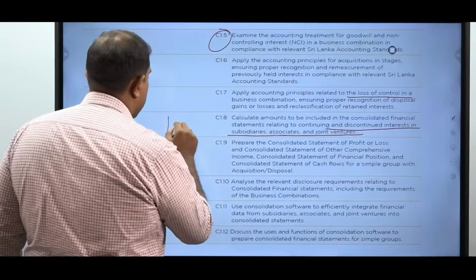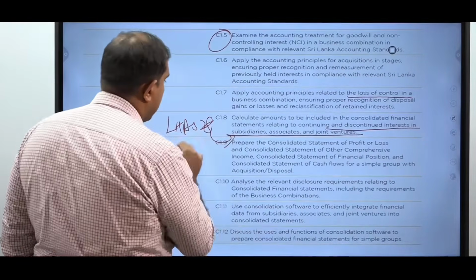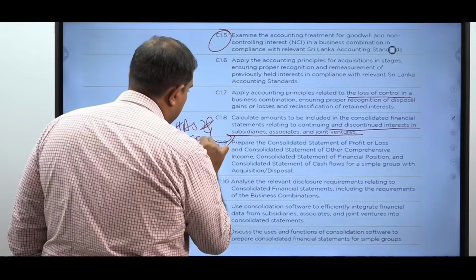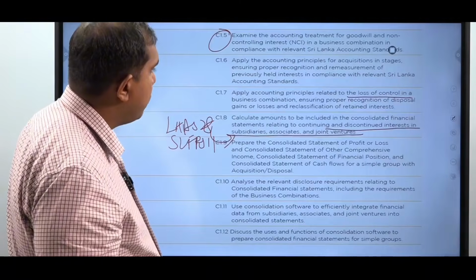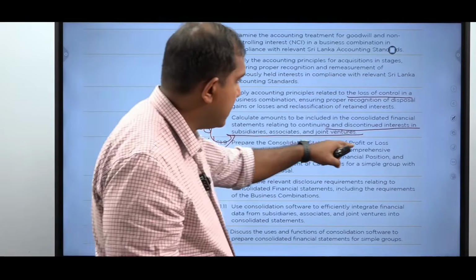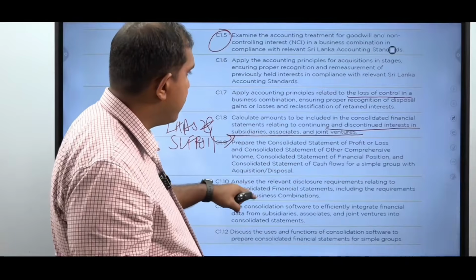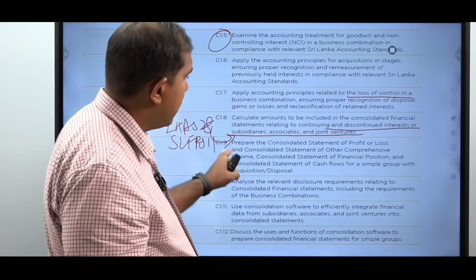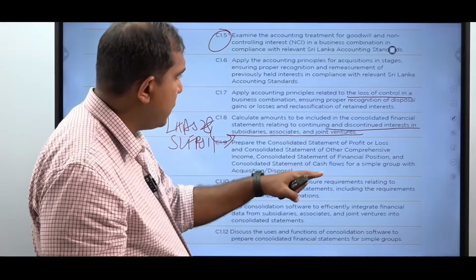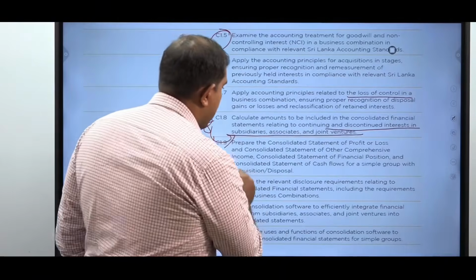Then LKAS 28 is applicable, SLFRS 11. Yes, we need to touch on them. Then we need to prepare consolidated financial statements, profit and loss, and other comprehensive income. Then consolidated statement of financial position, consolidated statement of cash flows for a simple group with acquisition and disposal.